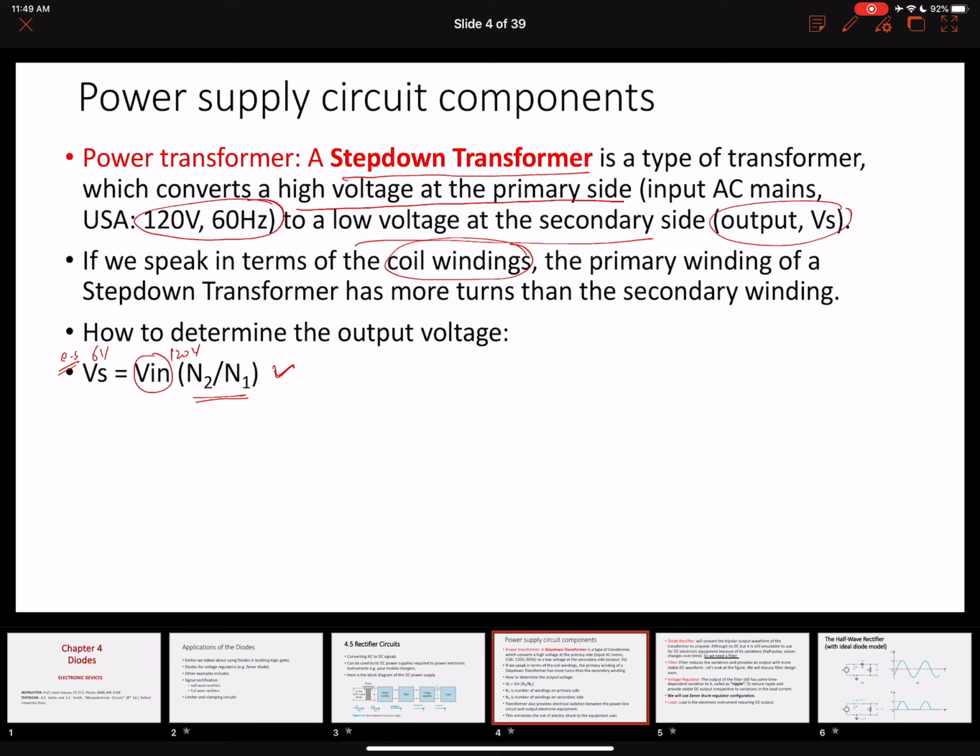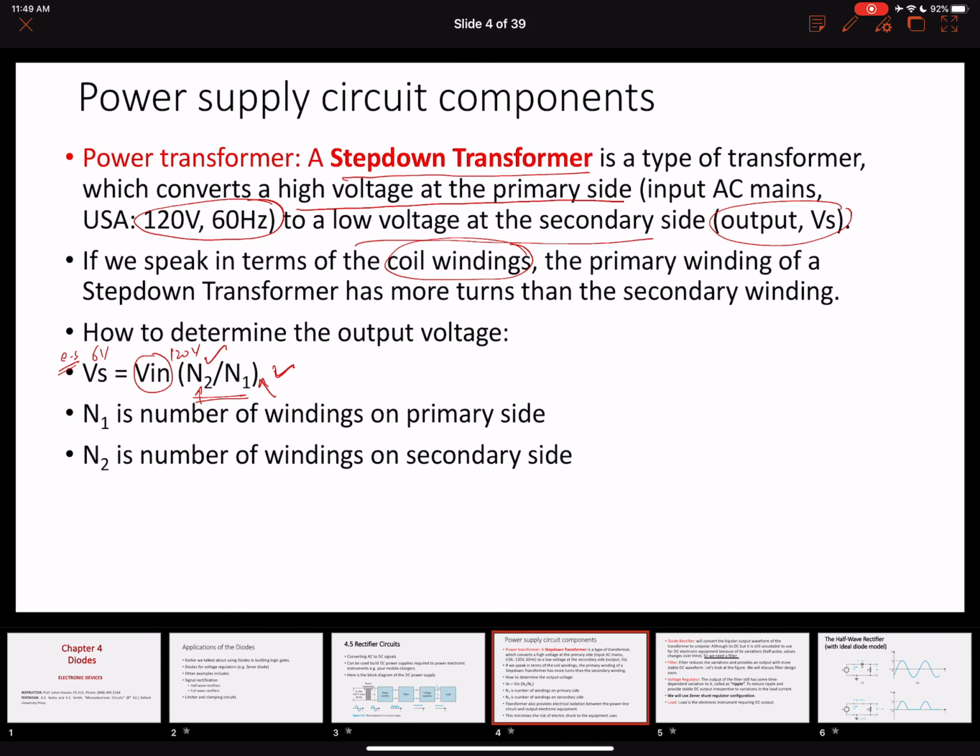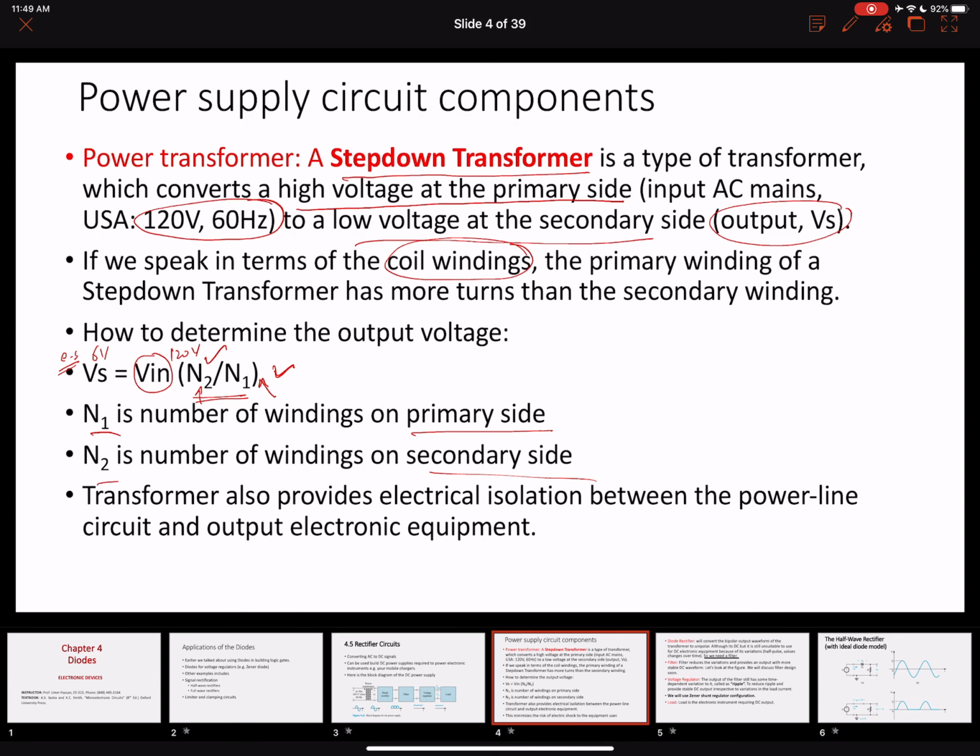N1 is the number of windings on the primary side, N2 is the number of windings on the secondary side. So if N1 is higher than N2, we can design a step down transformer in which our output on the secondary winding is going to be lower compared to the primary winding, right?